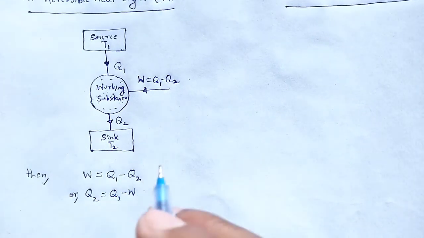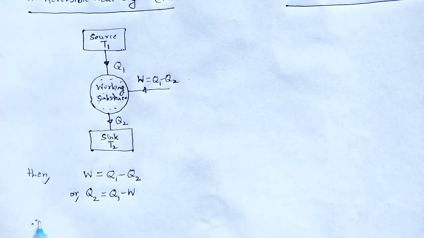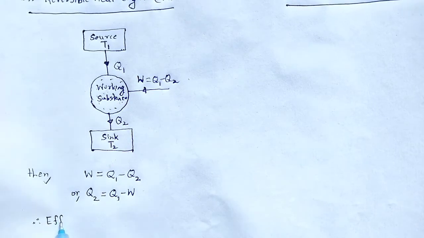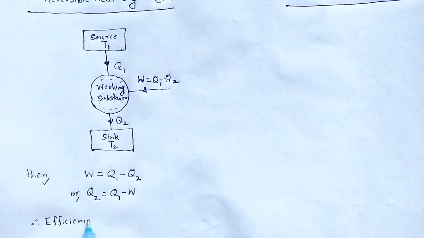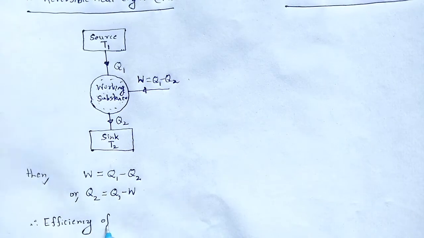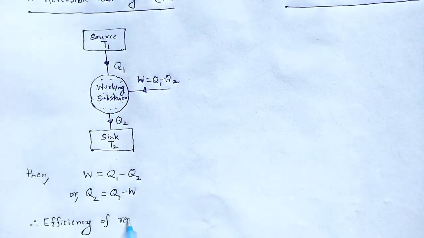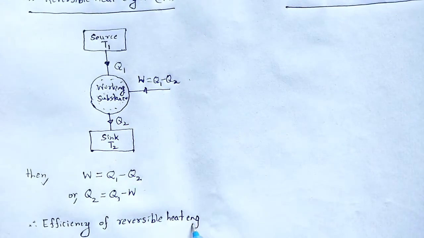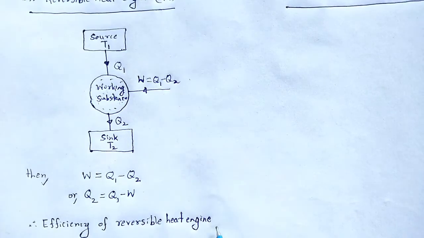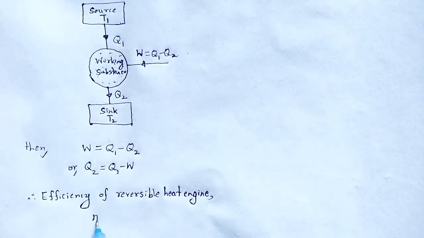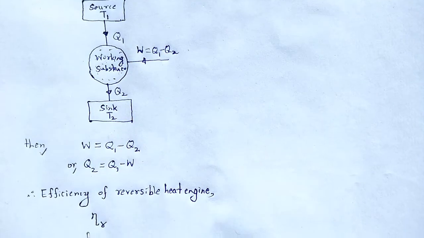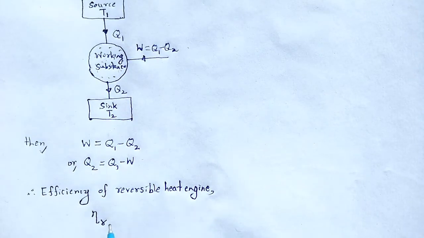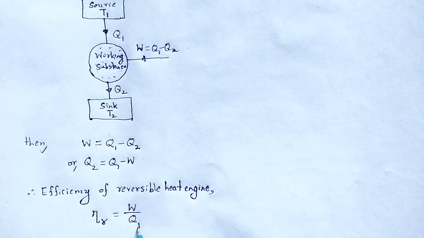Therefore, the efficiency of the reversible heat engine, eta R, is W divided by Q1.